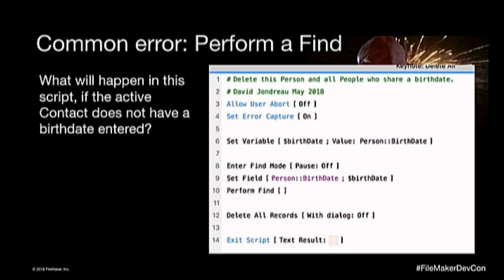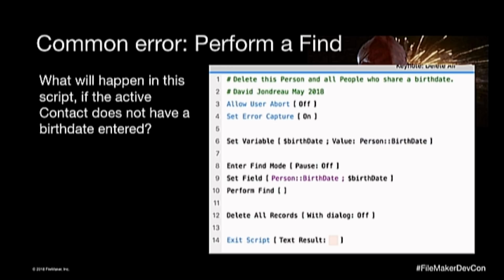But say you wanted to do that. And I'm using this for dramatic effect. What happens to this if the record you're on doesn't have a birth date? Or what happens if you're in find mode when this script runs? What's the result? Does anybody know? The correct answer is, if you have an empty find request, what's your name? Mike?